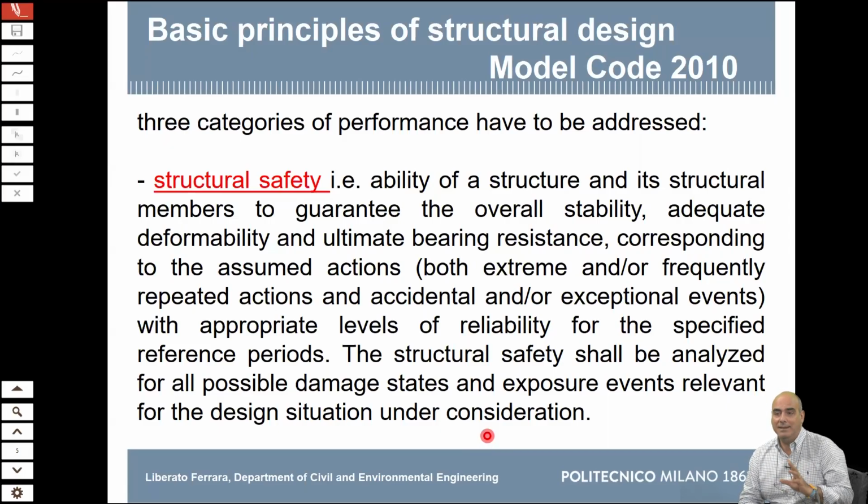So ultimate limit state, we say that the probability of failure is on the order of 10 to minus 6, 10 to minus 7. It means that if we will be able to make 1 million structures all equal, well, we should expect that one of them will fail. The issue is that we will never see this because we will never make 1 million structures perfectly equal.